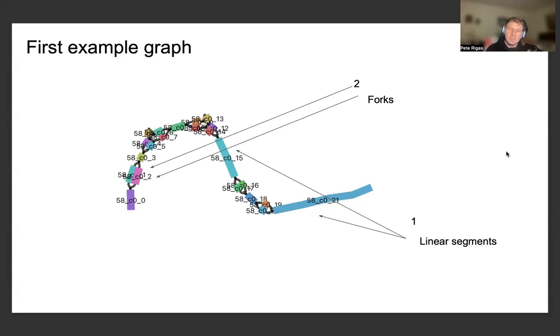In this case, we can see that the segments 58C021 as well as 58C015 both consist of what I call linear segments, as well as other segments which I've given other labels in the graph, which appear more to the left-hand side of the slide, which consist of forks. And by forks, I mean a bifurcation.